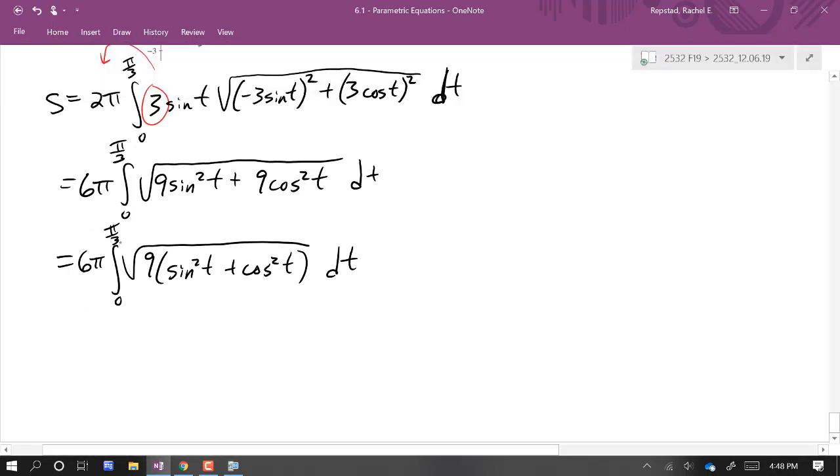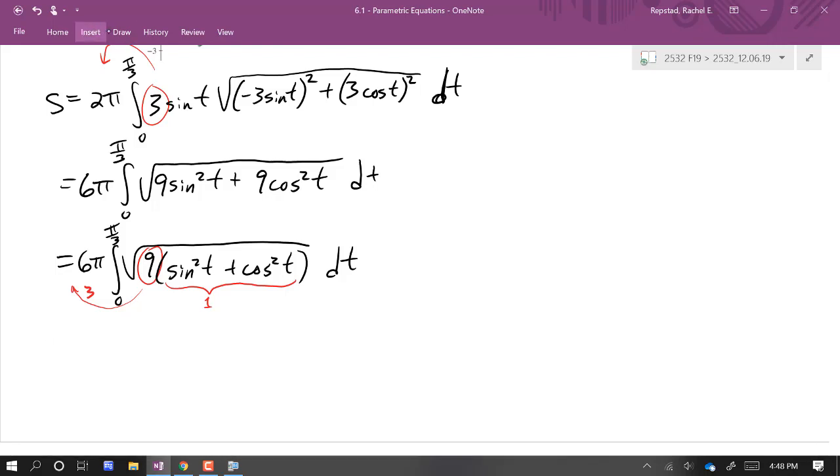I'm going to pull it out of the radical, and in fact, out of the whole integral. And of course, when you do that, it'll become a factor of 3 outside. And then inside the radical, we're left with sine squared plus cosine squared. That looks pretty familiar. That's just 1.